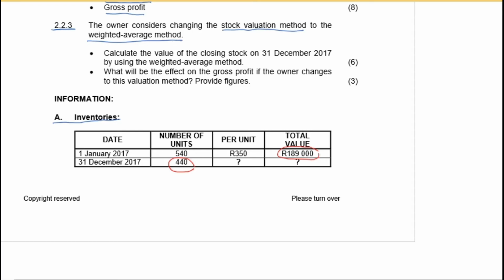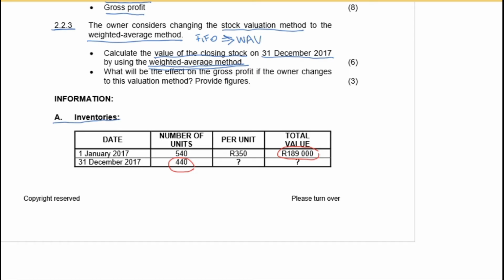In other words, the owner wants to change the way we value our closing stock from the FIFO method to the weighted average method. In the first part of the question, we are required to calculate the value of the closing stock on 31 December 2017 using the weighted average method.